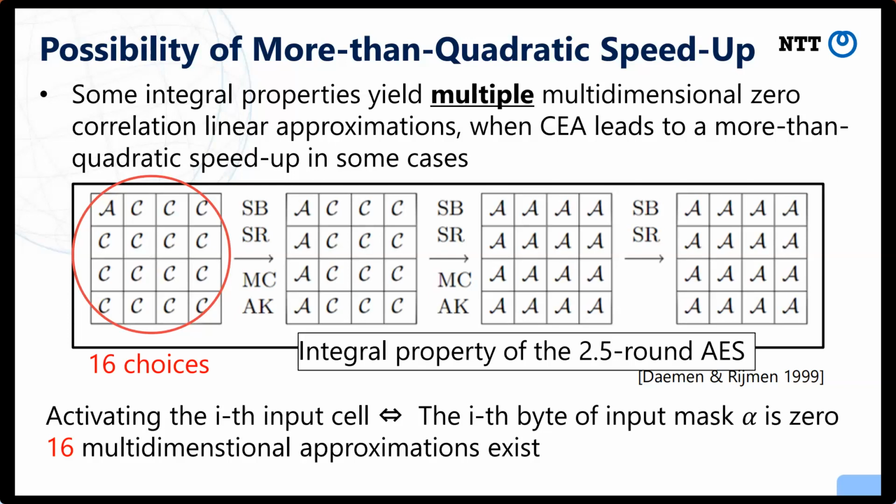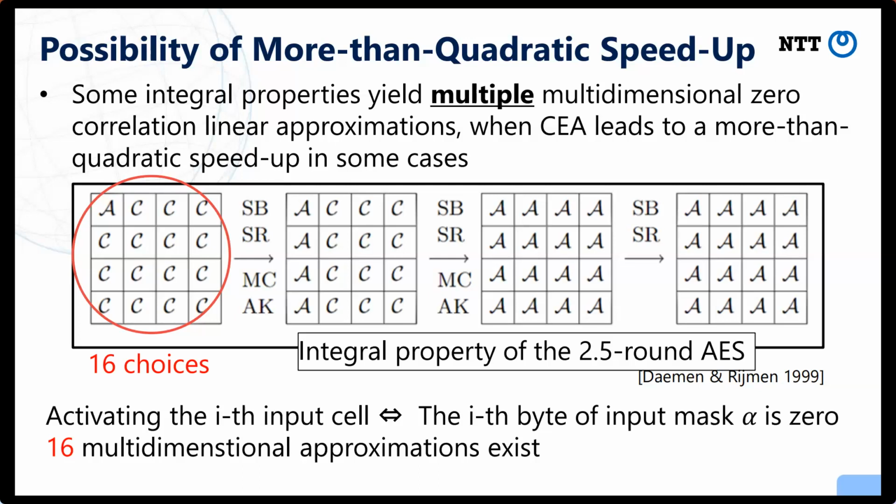Activating the ith input cell corresponds to the situation that the ith byte of the input mask alpha is 0 in the multidimensional zero correlation linear distinguisher. This means that we have 16 multidimensional zero correlation linear approximations. And if we have so many multidimensional zero correlation linear approximations, sometimes our technique leads to a more than quadratic speedup.